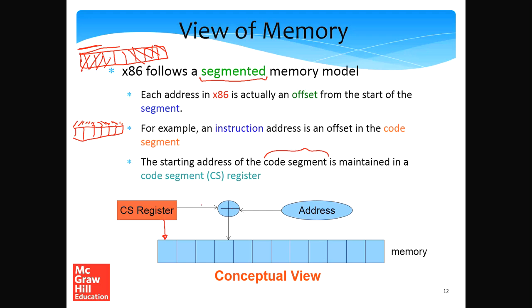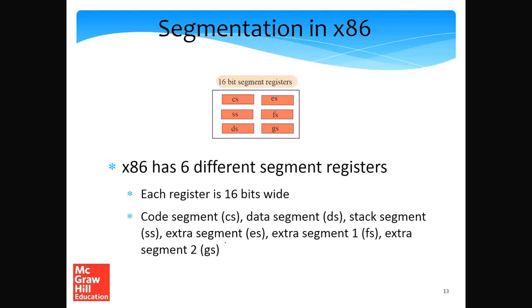So we take the value of the segment register, we take the value of the address and we add them, and then the result points to the memory address in which we'll find the data. So this can be extended as follows. x86 supports 6 different segment registers. Each register is 16 bits wide.